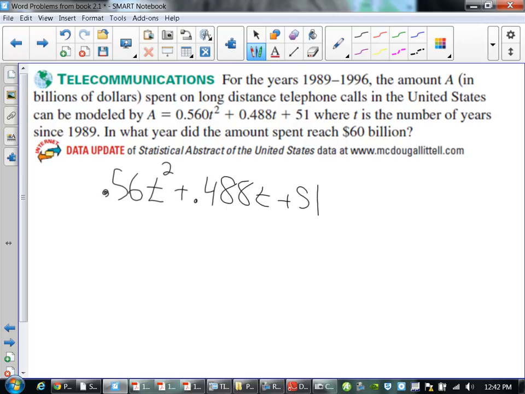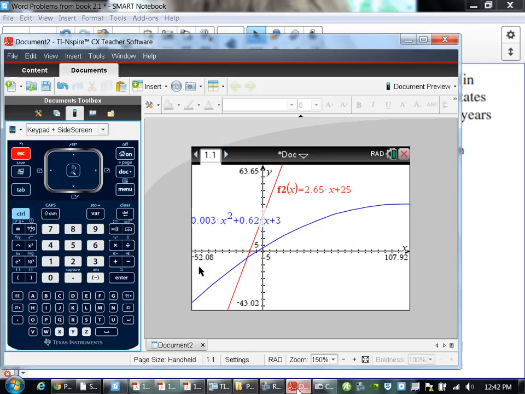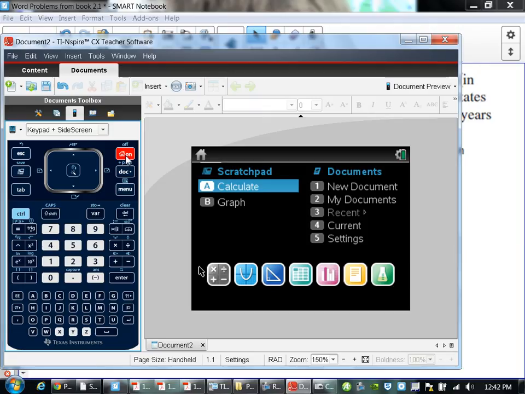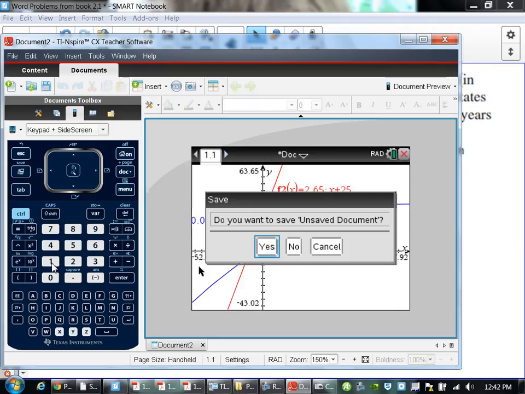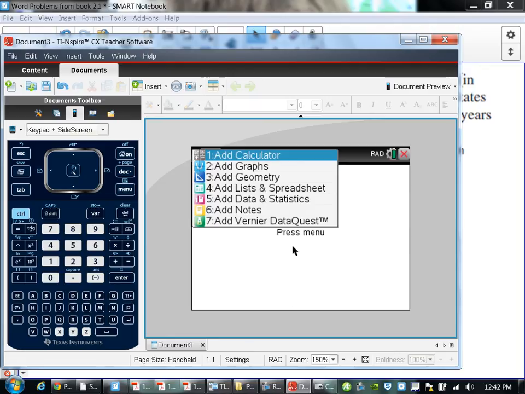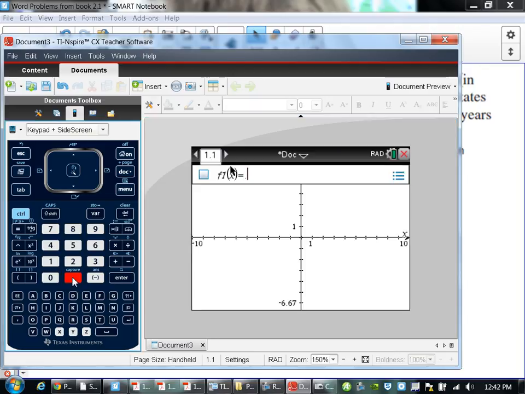All you do is put that in your calculator, go to your table, and figure out after how many years did it get to be 60. I want to go right to my table.